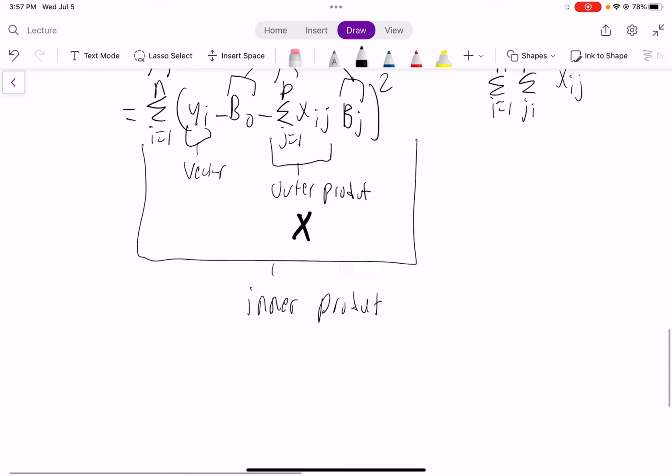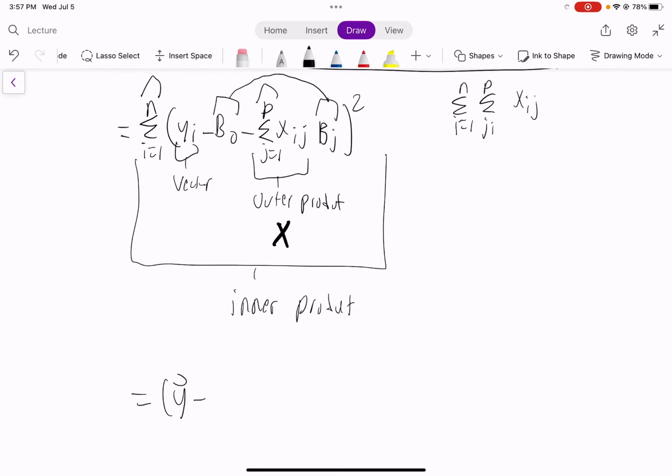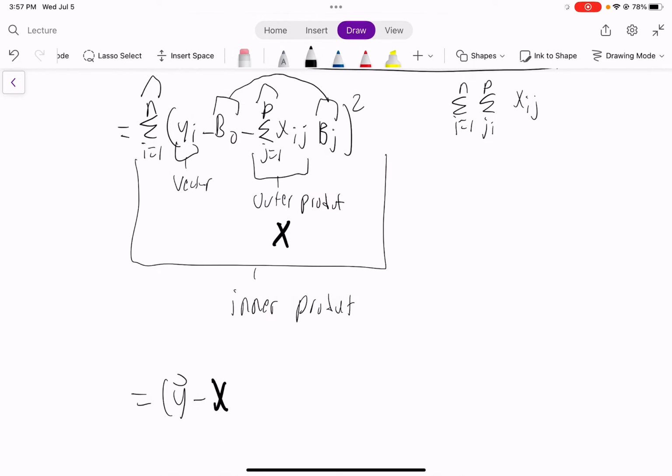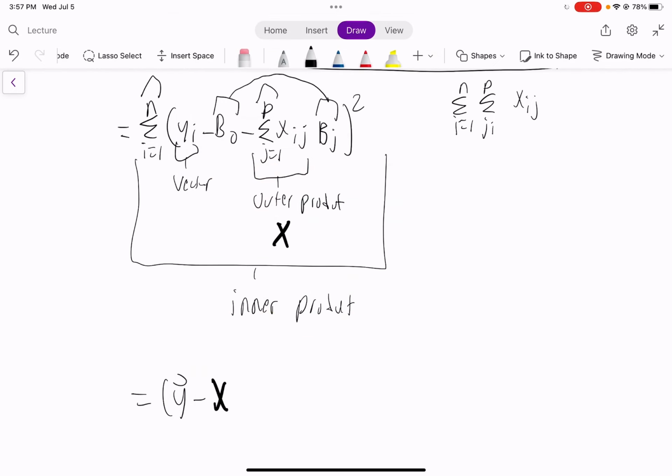So how can we write this? Well, what should the inside piece be? We know it's an inner product on the outside, but what should the inside of the inner product be? Well, we have a y, right? This is a y vector. That's a y vector minus an X matrix, times B, which is a vector.